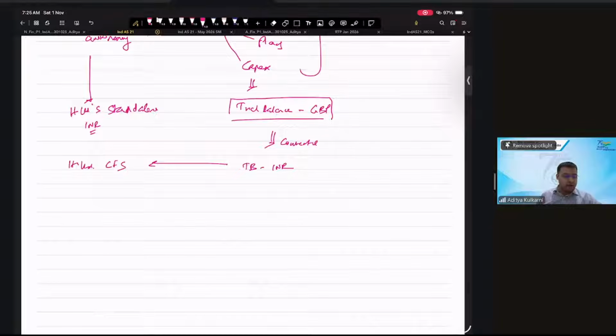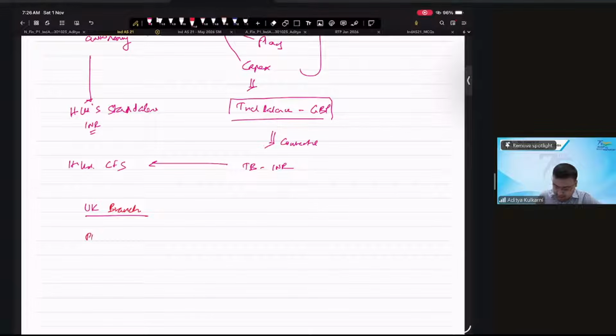Okay, so in a normal trial balance, what all items will you be having? Let us suppose I have a UK subsidiary, or a UK branch we can keep. I'll keep it very simple.